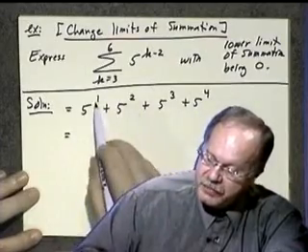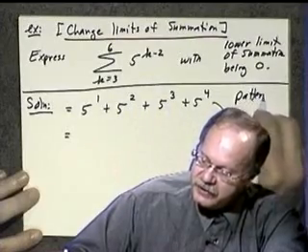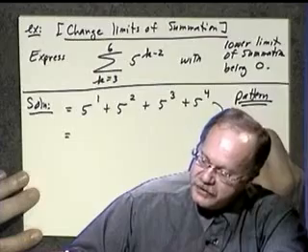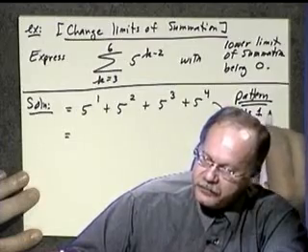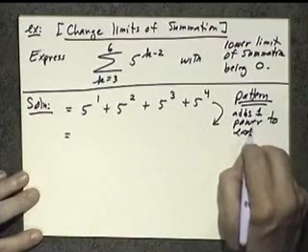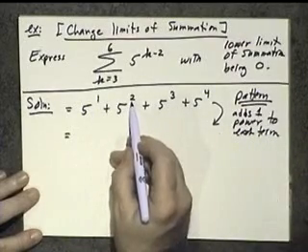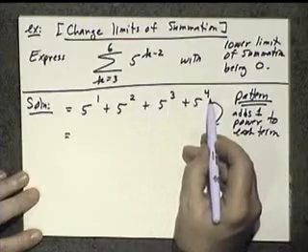I notice that as I move from place to place, there's a pattern that I can see. And the pattern is that it adds 1 power to each term. So this was 5 to the 1, then I go up 1, 5 squared, up 1 to here.